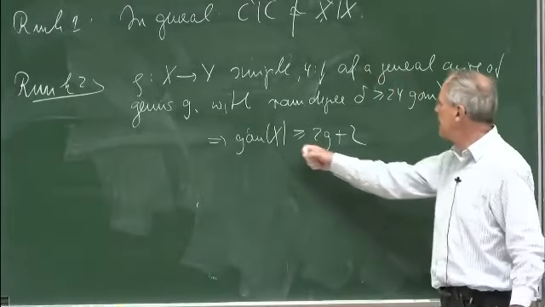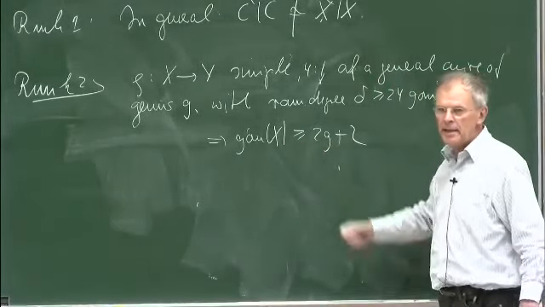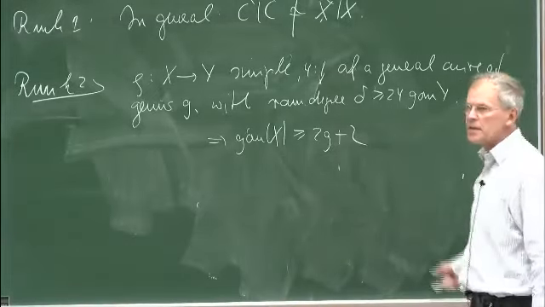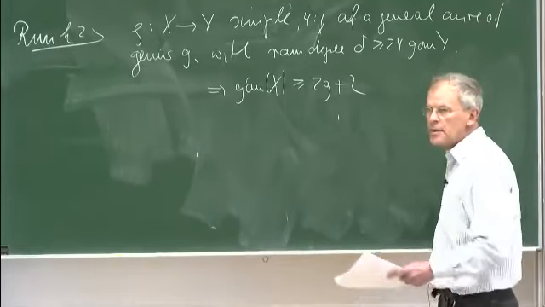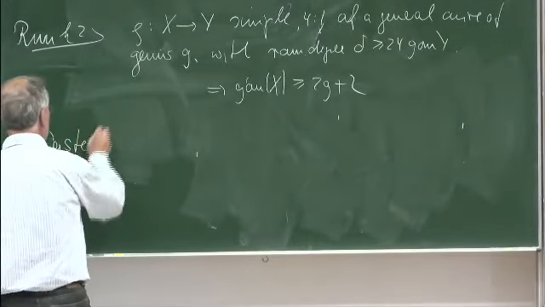And since the Clifford index is gonality minus 2 or gonality minus 3, we get arbitrarily high Clifford index here. And this is just a simple consequence of the Castelnuovo inequality.